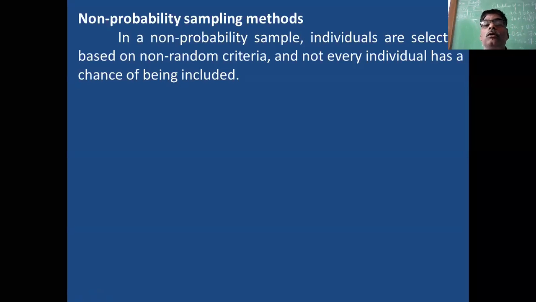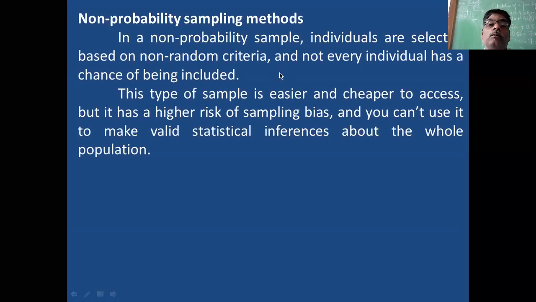Okay, this is called non-probability sampling. This type of sampling is easier and cheaper to assess because the researcher selects according to his requirement, not on the basis of random selection.